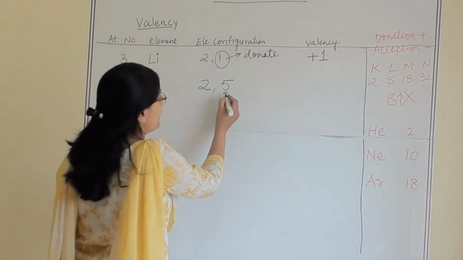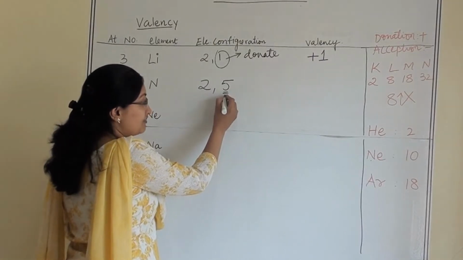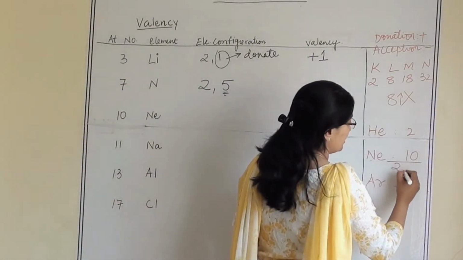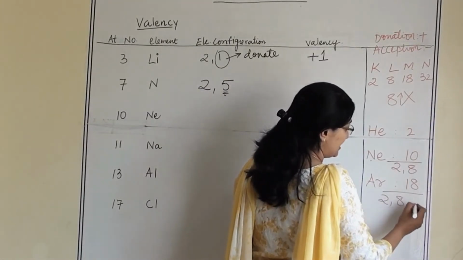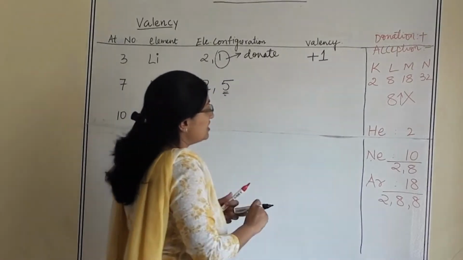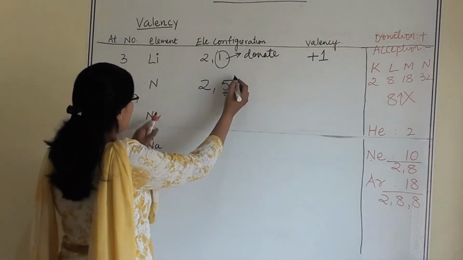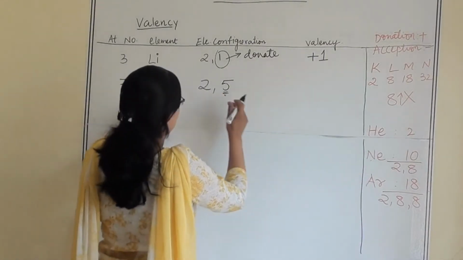Then how many are lacking here? 3. Its outer orbit should be 8 if it wants to be neon. What is neon's electronic configuration? It is 2, 8. What is argon's electronic configuration? 2, 8, 8. So here we want to make it 8 because neon is the nearest one to nitrogen.